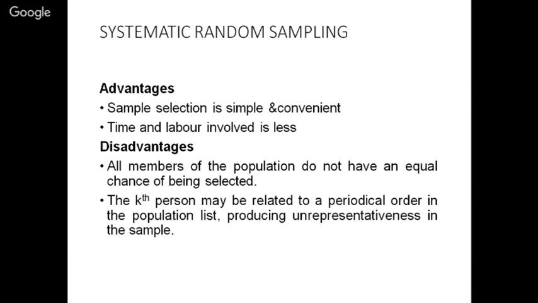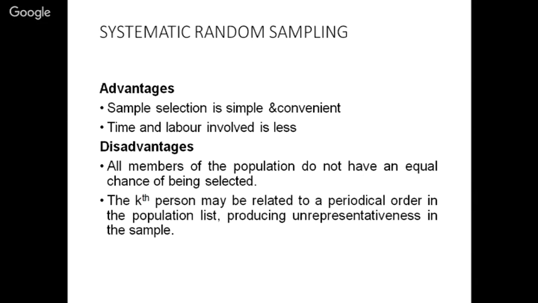An example of a systematic random sampling technique: in a class of 40 students, I need to know the achievement score of my class, or I need to calculate the average marks of my class. For example, my class strength is 90 students and I need to calculate the average marks obtained in a particular subject, for example fluid mechanics. Why am I using this particular technique?